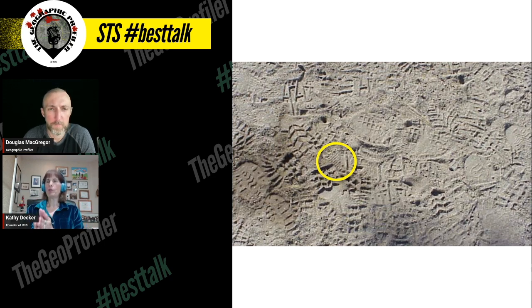So when you place your tracking stick down on the ground and you have the heel rubber band matching up with the heel of the print on the ground, the toe rubber band matching up with the toe of the impression on the ground, the pointer at the end of your stick is going to show you where the heel should be for that next track. And so that's one way to pay attention to stride interval.